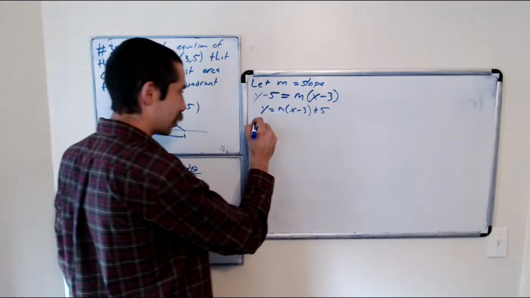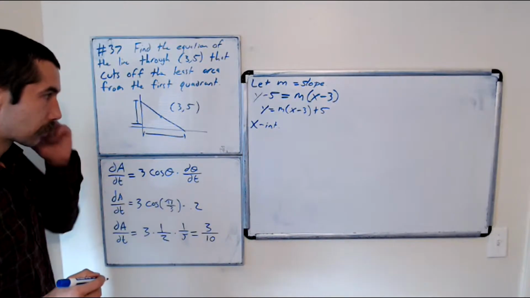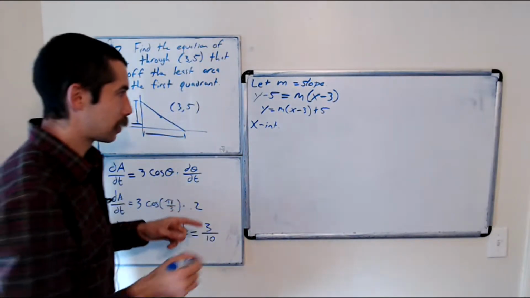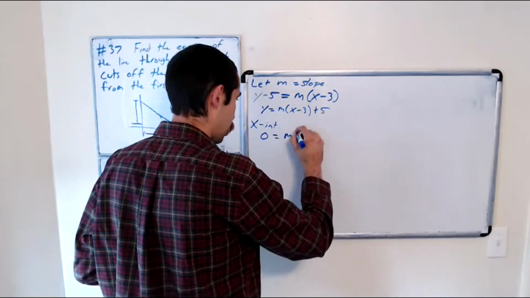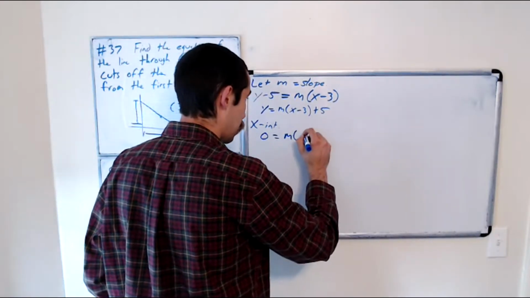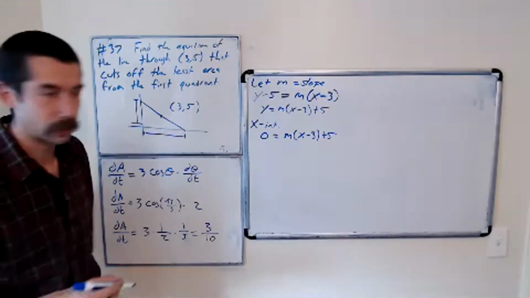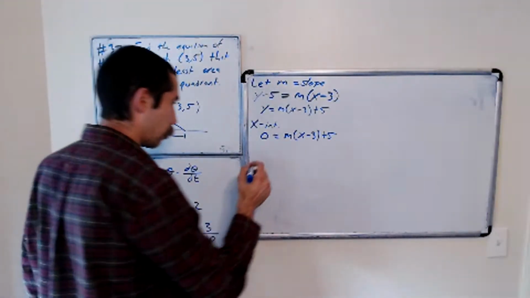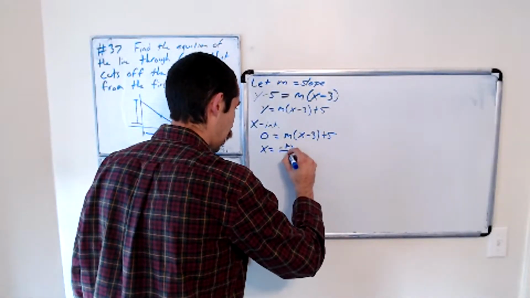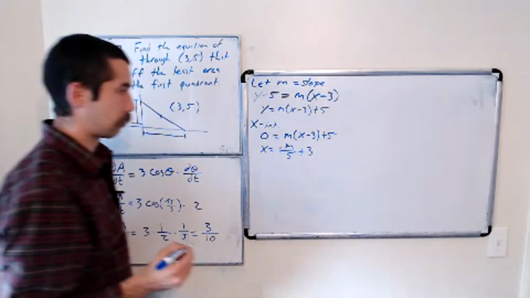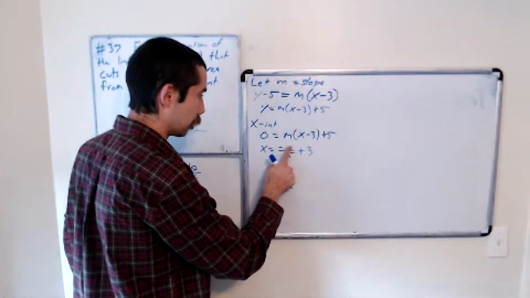Okay, so for the x-intercept, we have 0 equals m times (x minus 3) plus 5. We need to solve for x. So x equals negative 5 over m plus 3.